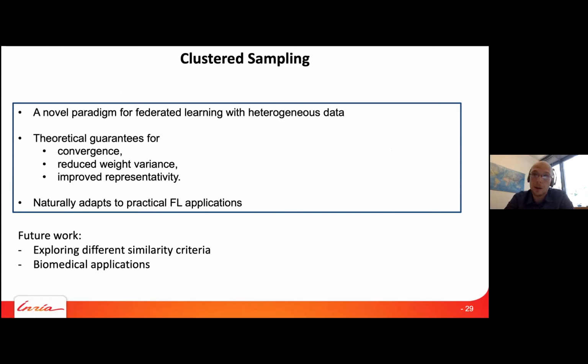It has nice theoretical guarantees for different things that we would like to have always in federated learning, which is convergence, representativity and variability, variance over iterations. And it's simple, it doesn't change anything of the original federated learning paradigm. So it can be adopted very easily because we just change the way we pick clients, but all the rest, all the structure of federated learning stays the same.